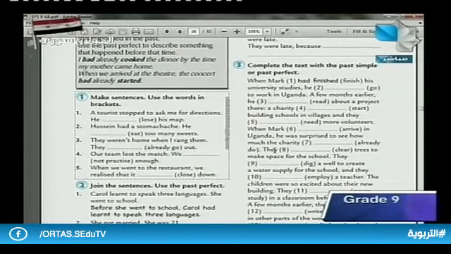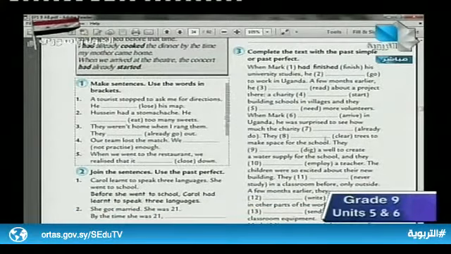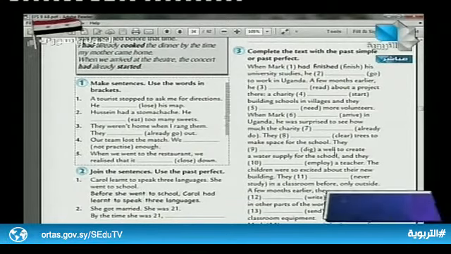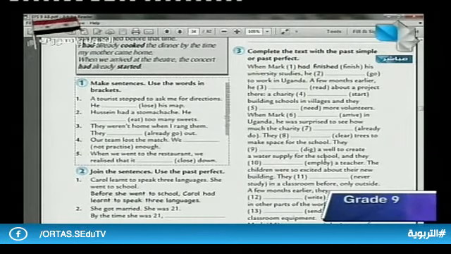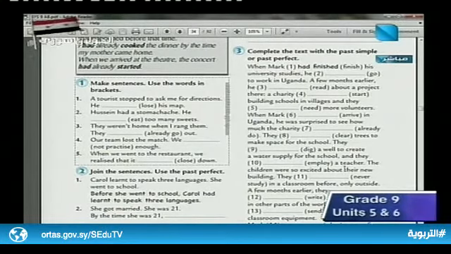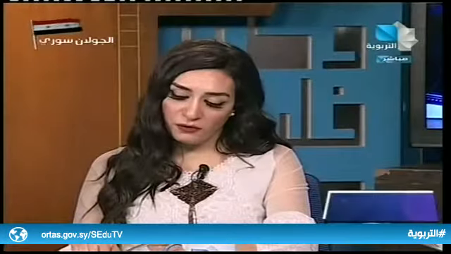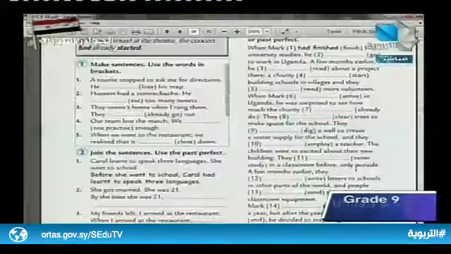They had cleared trees to make space for the school, they had dug a well to create a water supply for the school, and they had employed a teacher. The children were so excited about their new building. Yes. They had never studied in a classroom before, only outside.